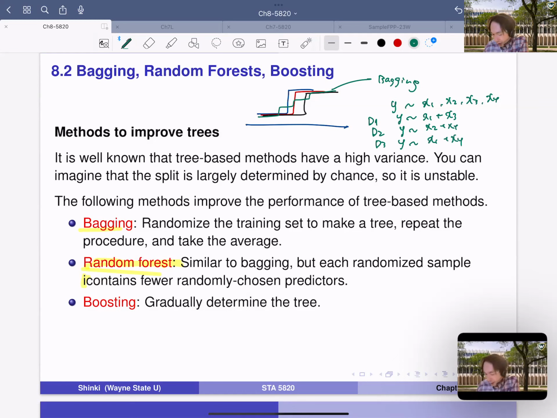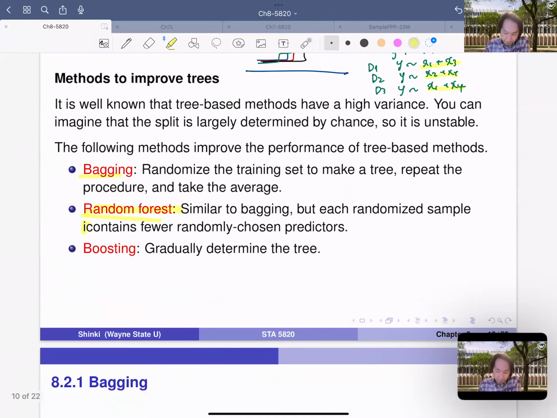This is a strange idea because we have 4 predictors, but if we do this, we have more variation in trees, and that makes the final surface more stable. I cannot really explain it well, but that is an empirical fact. Because we have variation in the model, basically it's robust. It sounds strange, but that is the random forest.